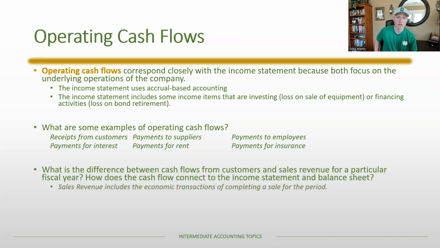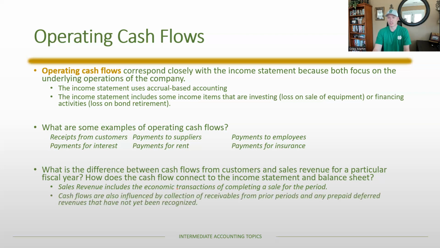Again, sales revenue is an economic transaction that means we've completed the sale. That economic transaction is sometimes at the same time as the cash flow, but a lot of times it's not. So the cash flow could be influenced by the collection policy, and it could be collections from prior periods. There could be prepayments on deferred revenues as well, that you haven't recognized as revenue.